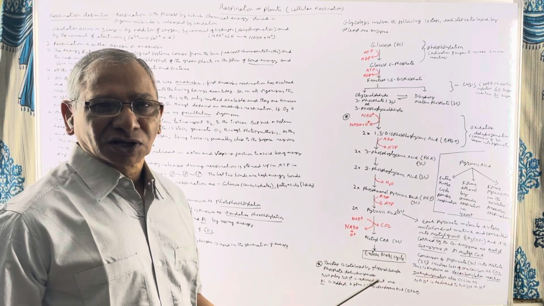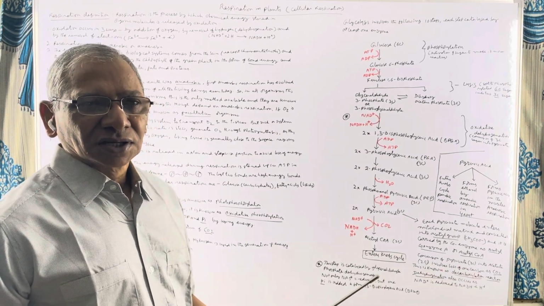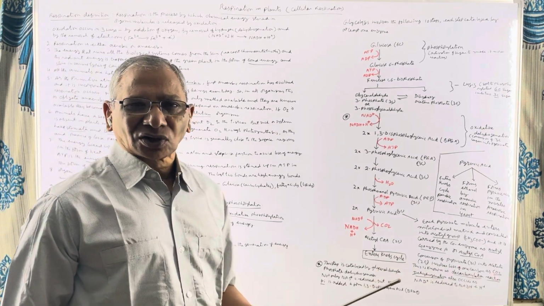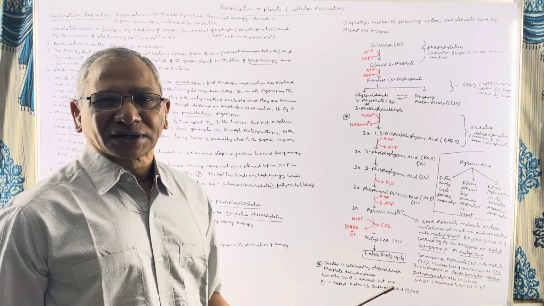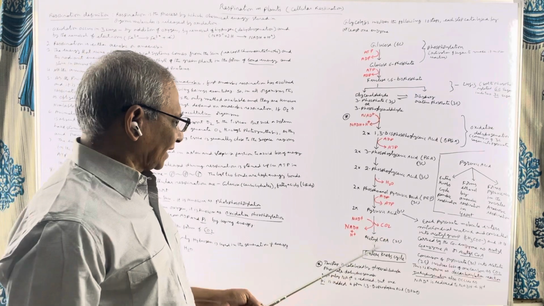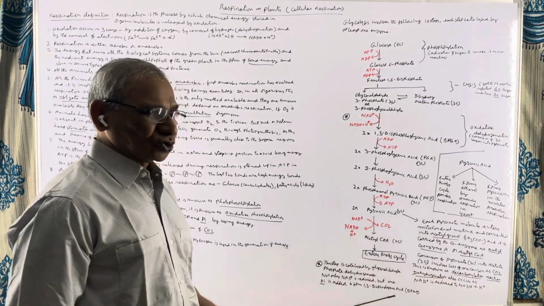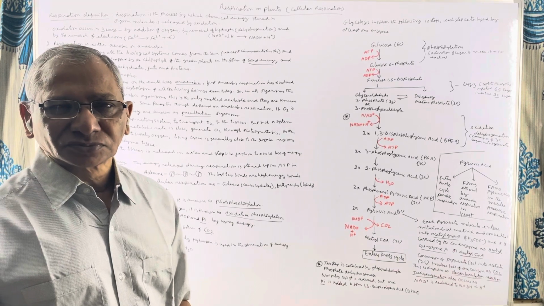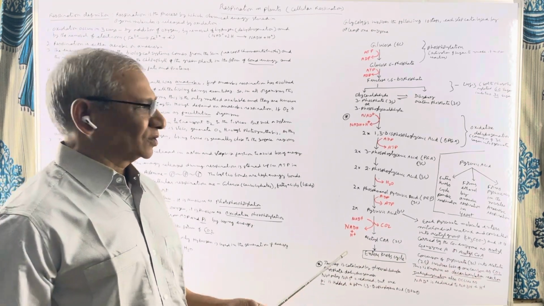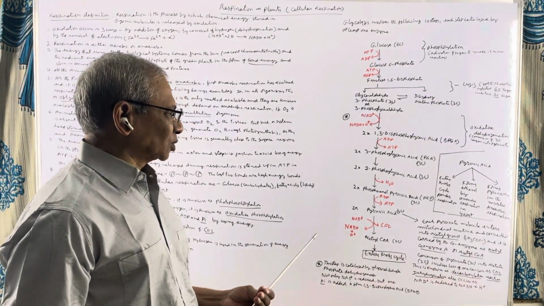These NADH molecules enter the electron transport chain present in the cristae of mitochondria. There, each NADH molecule produces 3 ATP molecules. How it happens, I will explain when you take up the electron transport chain.